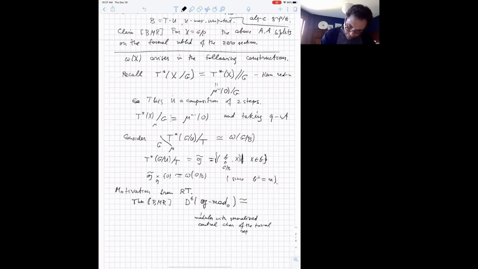I mean, the theory is more general, but I want to focus on this. And a derived category of crystalline D modules, well, maybe write it this way, with nilpotent p-curvature.